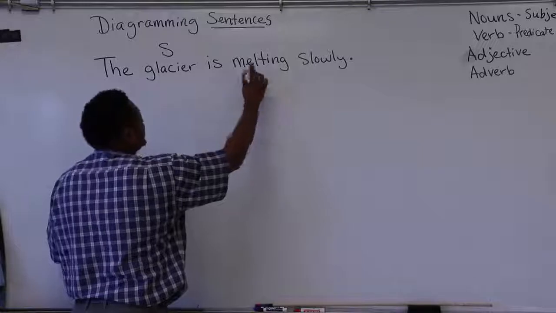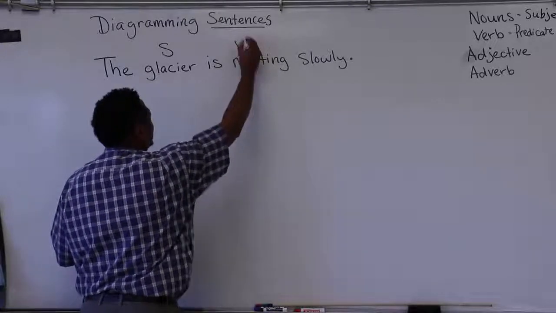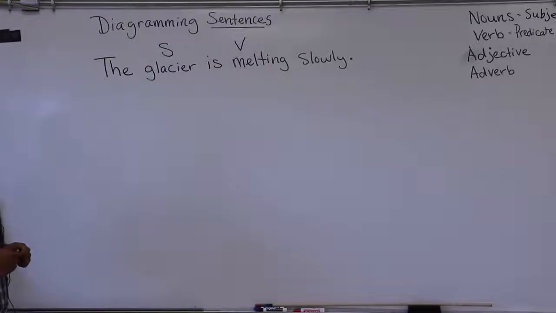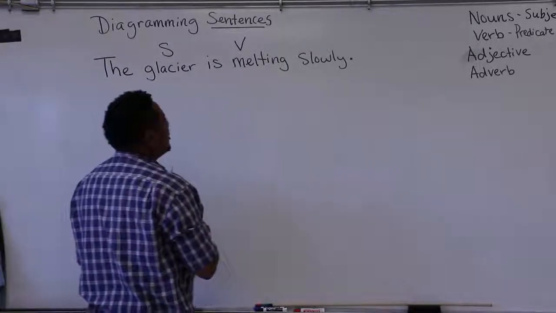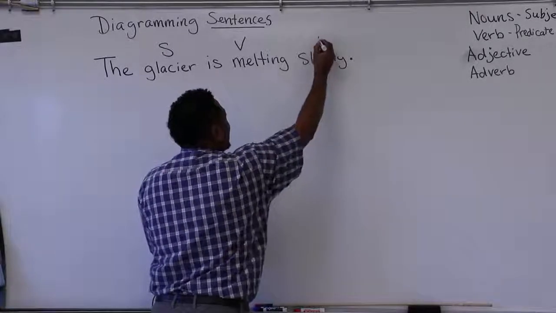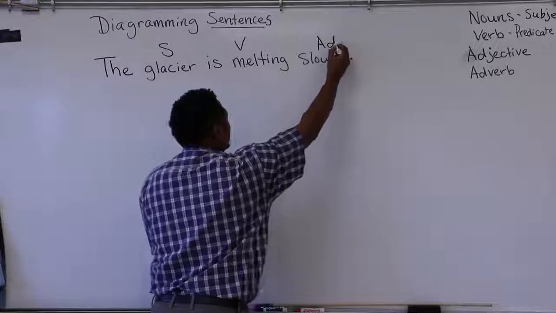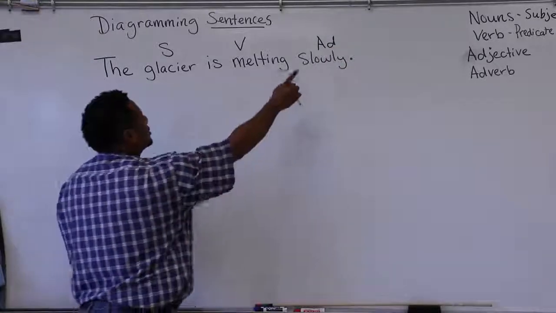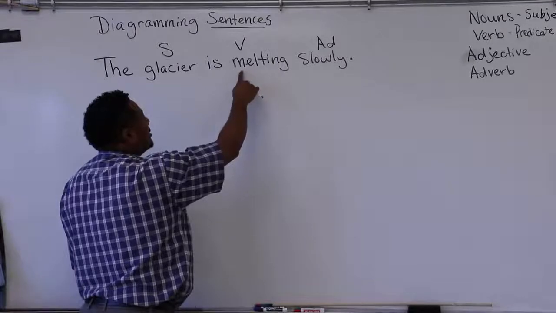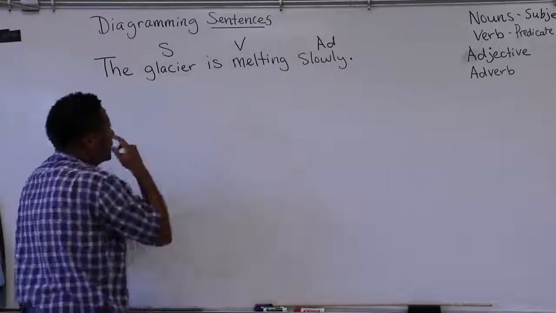Is melting is the verb. How is the glacier melting? The glacier is melting slowly, which is an adverb. Slowly is modifying is melting.